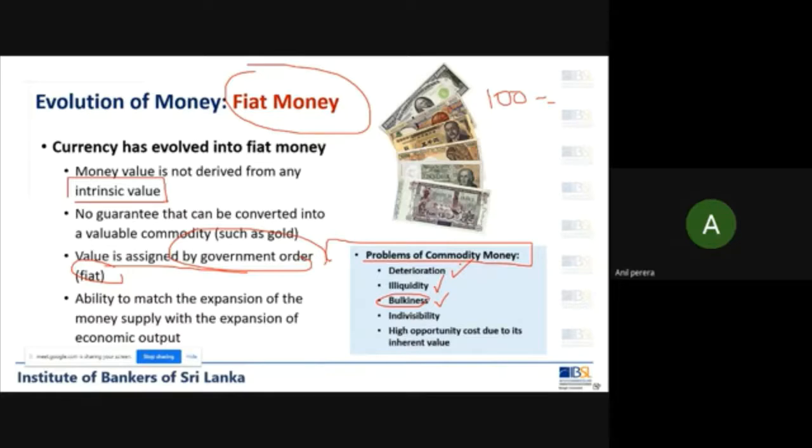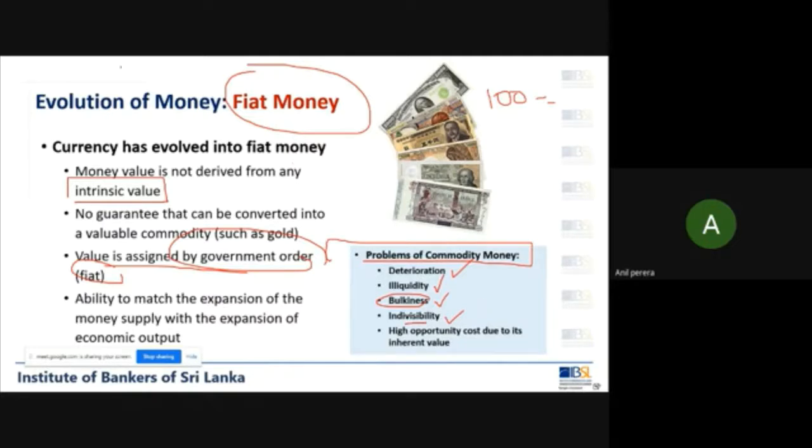The king sends his team to collect tax in carts, right? You have to have bullock carts or chariots or whatever, because it's really heavy. Indivisibility. Most of the time, these coins cannot be divided into small pieces. High opportunity cost. Since the money value equals its metal value, there is a high opportunity cost.